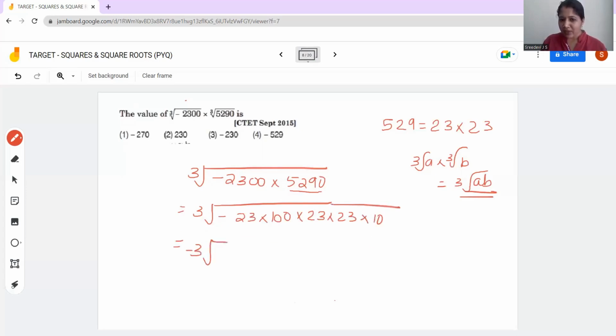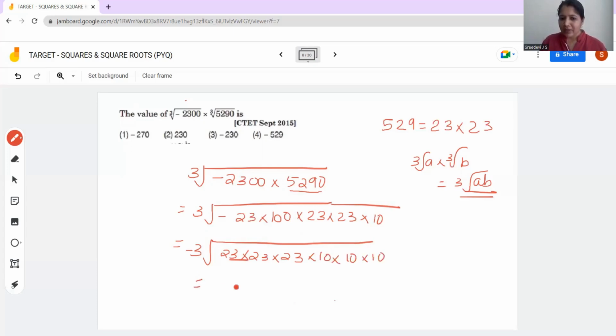Minus I'm taking outside. So cube root of 23 into 23 into 23, the 23s together multiplied. Then here 100 into 10, which is 1000. So 1000 we can write as 10 into 10 into 10.